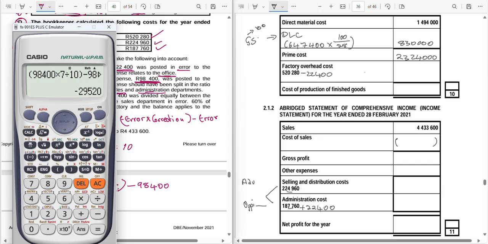We get the amount of 29,540. So we over allocated there. Right? So since we over allocated, we need to minus. The answer that you got is a minus 29,520. That's what you need to do. So we are done with the factory for now.